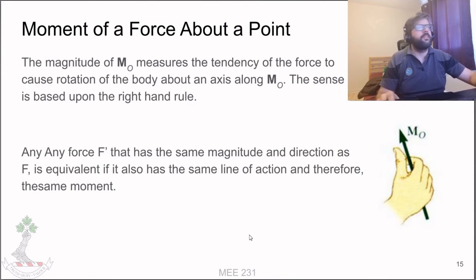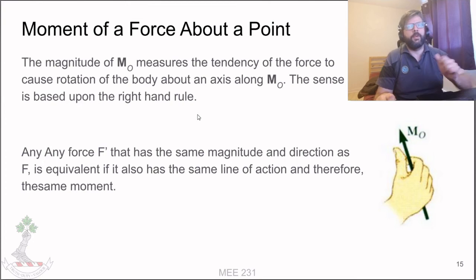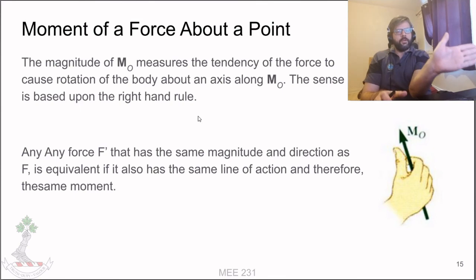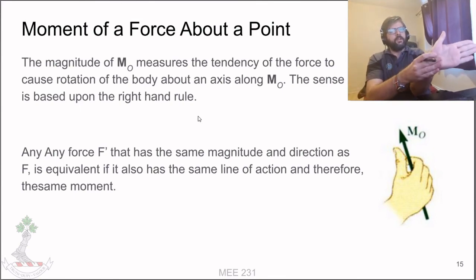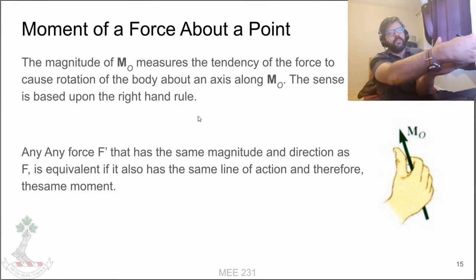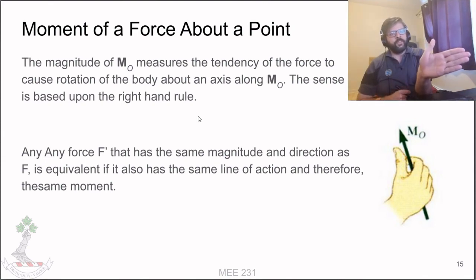So the magnitude of that moment is basically a measurement of how much that force being applied is going to cause the body to want to rotate about the point we're measuring it. The sense, again, is based upon the right-hand rule. So we're taking the cross product of the vector from the point of origin to the force that's applied, and then the force that's applied is the second one.